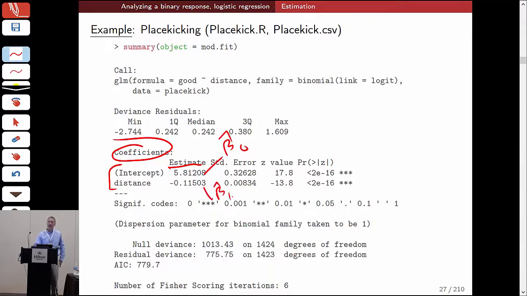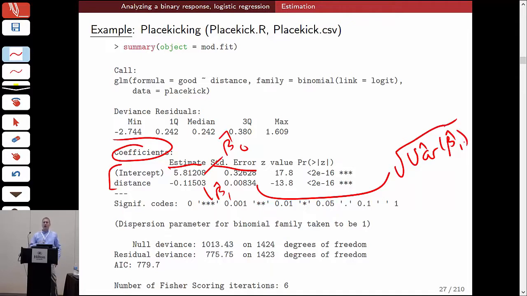Here's my beta hat 1 that we just saw. In the standard error column, we get, for example, the square root of the estimated variance of beta hat 1. So R automatically pulls that out of the variance-covariance matrix. There's a lot of other information there that we'll talk about as we go along here today. One thing I want to mention is that we did have convergence, and it took 6 iterations to do it.